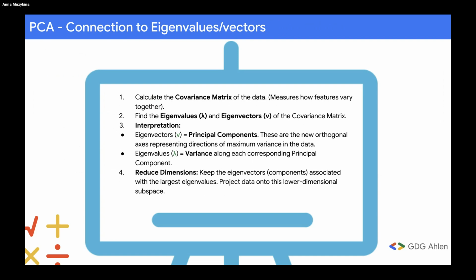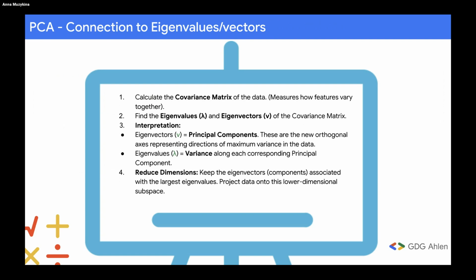And finally, to reduce dimensionality, you look at the eigenvalues and rank them from largest to smallest. The largest eigenvalues correspond to the principal components that capture the most information, variance. You decide how many dimensions you want to keep, say k dimensions, and select the k eigenvectors associated with the k largest eigenvalues.